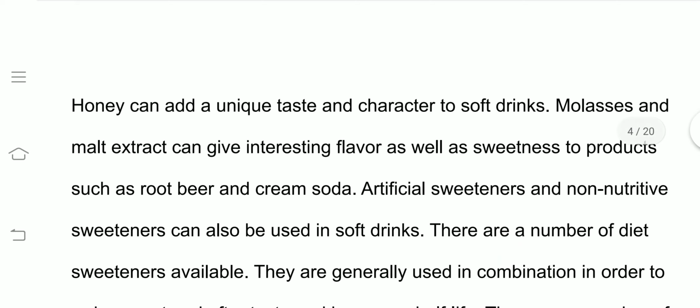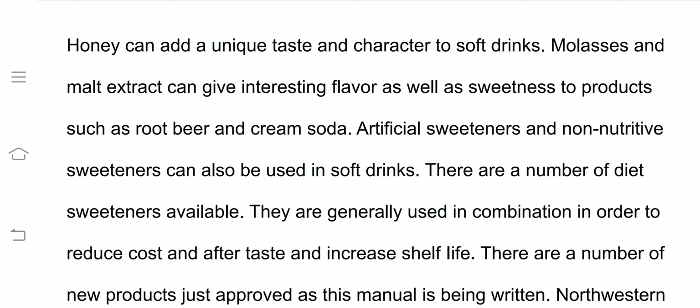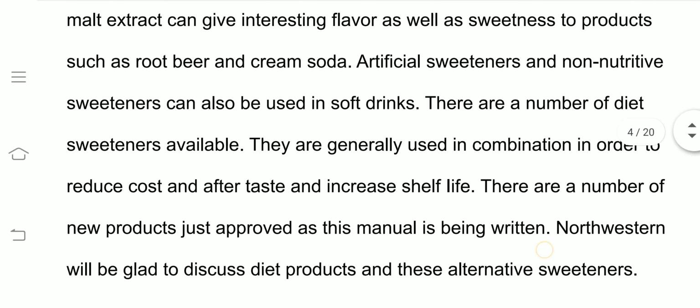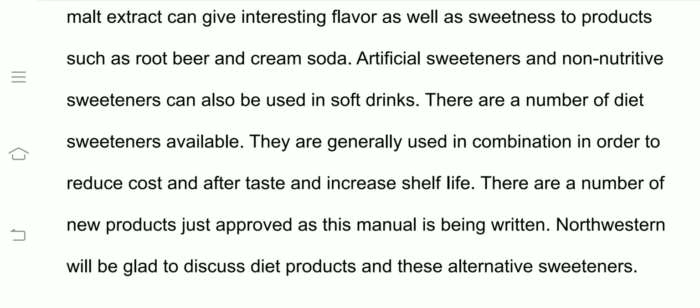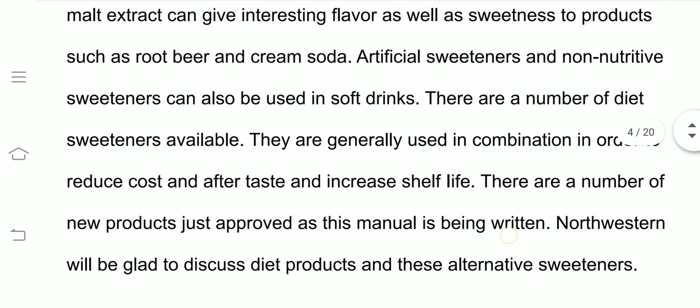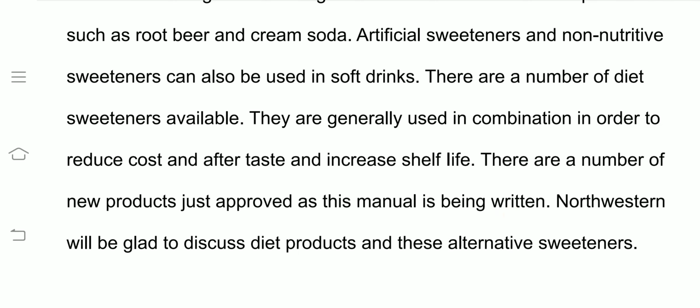Then molasses and malt extract, these are intermediate products of sugar production. Molasses is the intermediate product of cane sugar production, and malt extract is made from malt, barley malt, etc. So basically, to give interesting flavor, we can use any one sugar or a combination of different sugars. Artificial sweeteners and non-nutritive sweeteners can also be used in soft drinks.